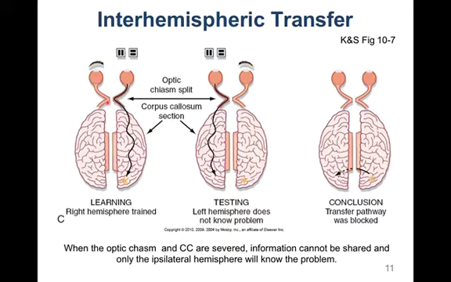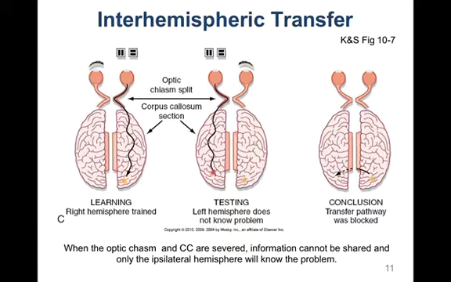Let's look at what happens when we sever both the optic chiasm and the corpus callosum. Same idea, discrimination test with two different symbols. We're training with the right eye. Information in this case will only get, again, to the right hemisphere, and it can't be shared, and it can't cross at the optic chiasm. So when we test with the left eye, the left hemisphere doesn't know the problem.